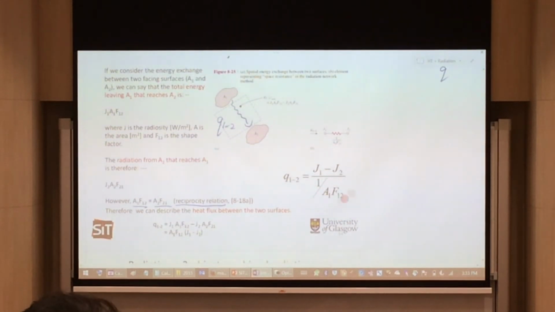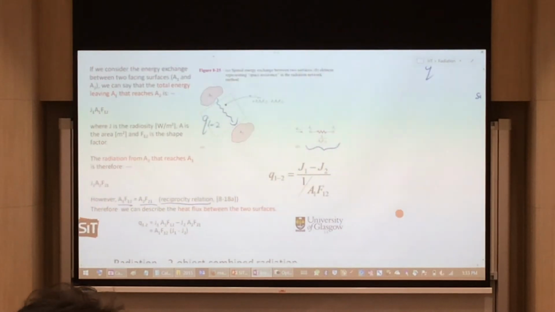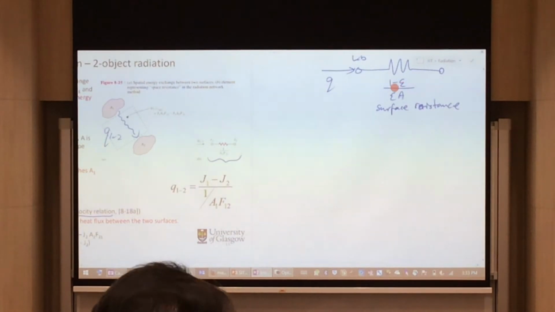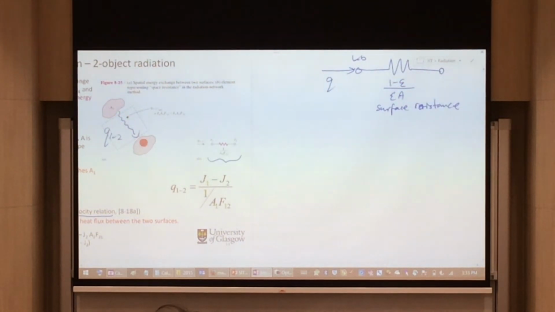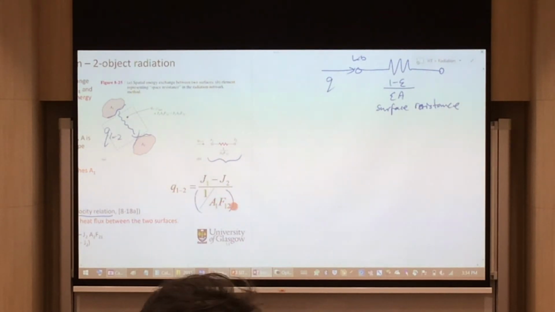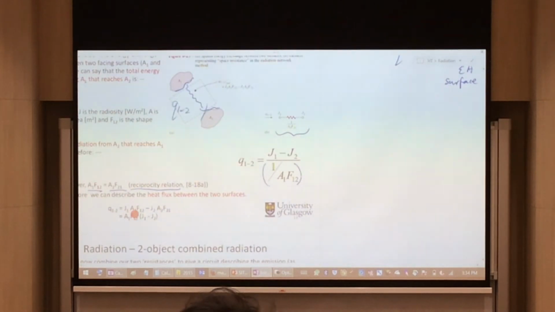Now on this side, we also want to talk about another very interesting thing. Just now we were saying that there is a surface resistance. But if you have two objects, besides that surface resistance due to the surface, there's also the space in between, which we call this part, I'm not going to derive that, it came about actually from here.